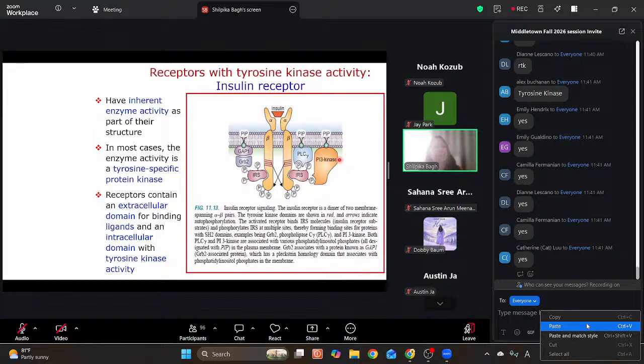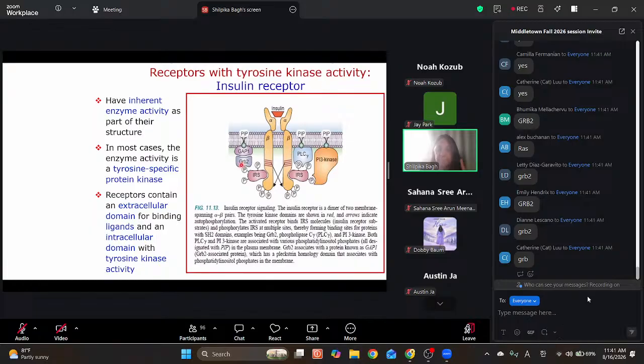So what's the similarity between growth factor and insulin? Both of them use tyrosine kinase activity, right? Both of them use GRB2, but still insulin is different, because it docks different proteins.